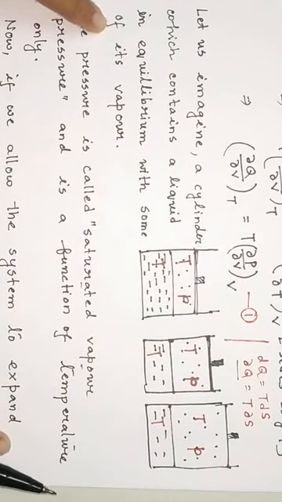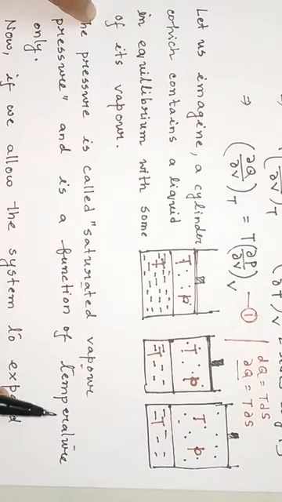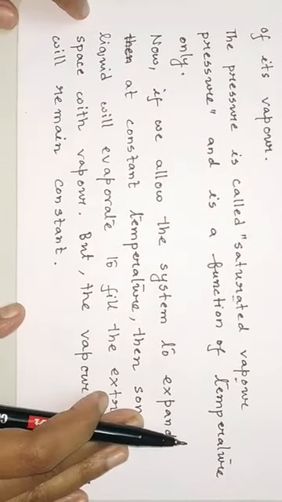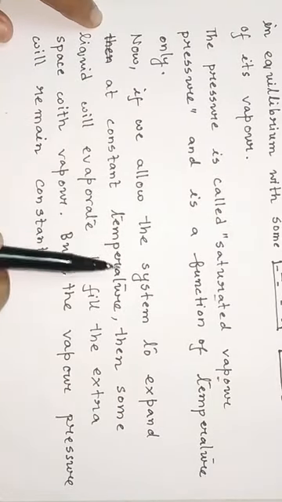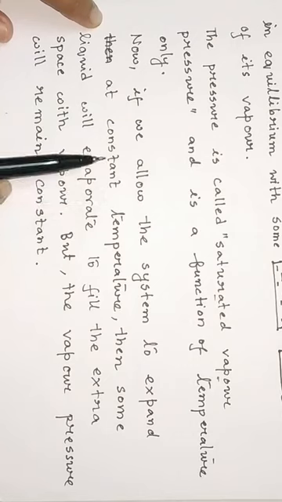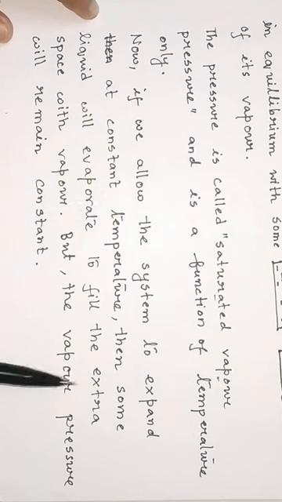The total volume of the system has increased at constant temperature. During this expansion, we have kept the temperature constant. Then what will happen? Some liquid will evaporate to fill the extra space with vapor.